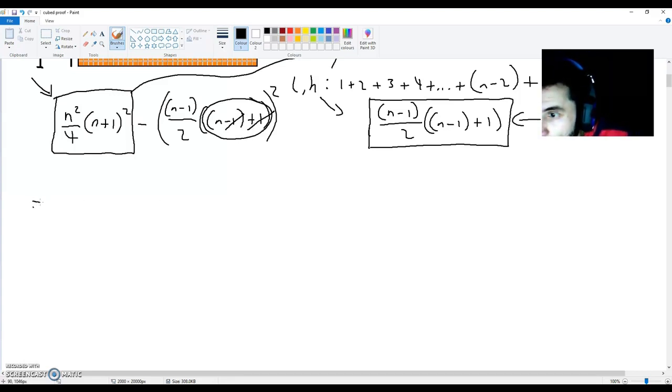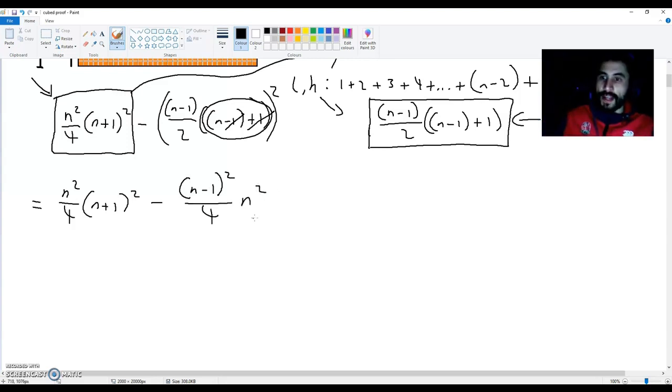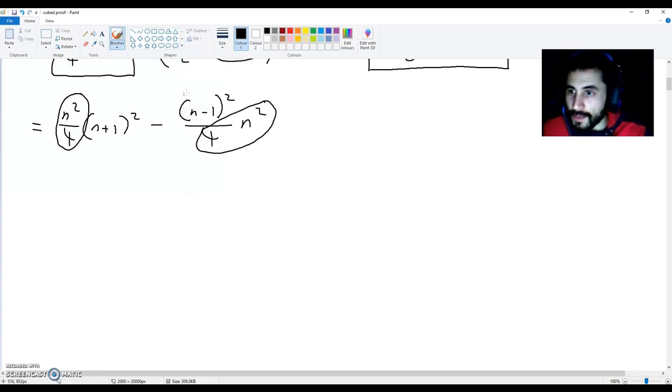So what we're left with is n squared over 4 multiplied by (n plus 1) squared minus (n minus 1) squared over 4 multiplied by n squared. Okay, now these fractions over here are similar, so we can isolate them in the equation.